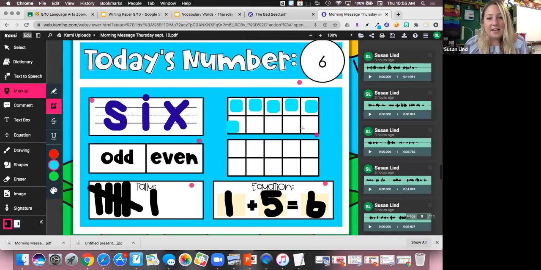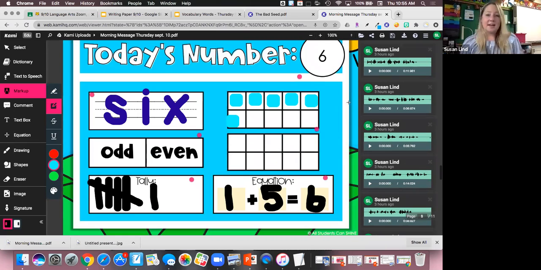This was a new page, so we did it during class, so it might have already shown up as done on your morning message today if you hadn't done it before the Zoom meeting. Go ahead and trace over the word 6 again using a different color.